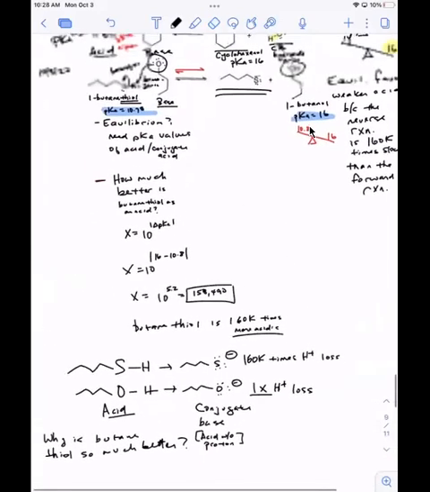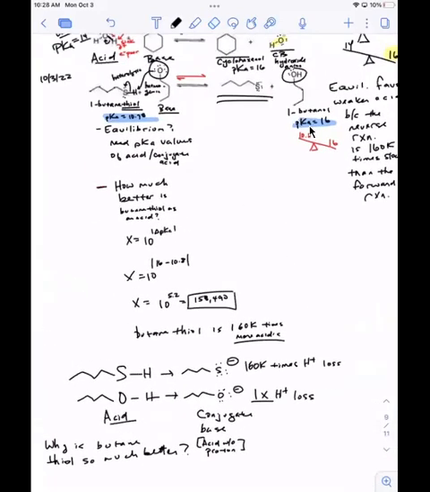If you look at the pKa, 10 is actually not a very strong acid, but it's a strong acid compared to the alcohol, right? Stronger. The question is why? So let's answer that down here.